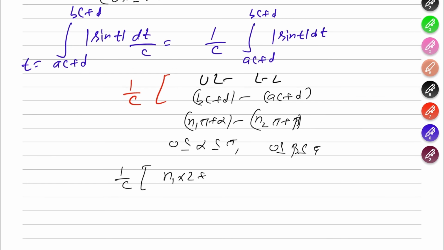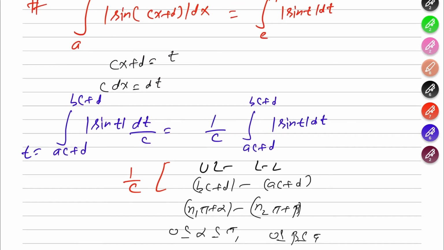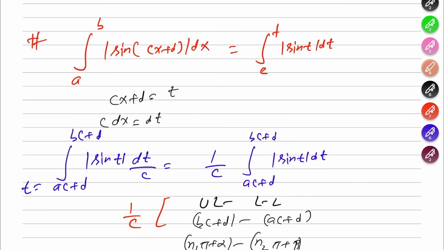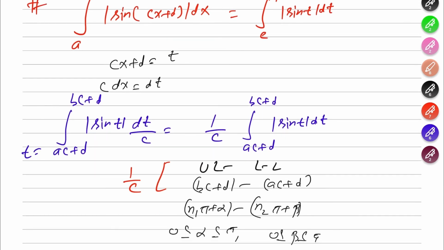That becomes 1 by c times [n1 times 2 plus (1 minus cos alpha) minus (n2 times 2 plus (1 minus cos beta))]. This is how we integrate any general case involving the integral from a to b of modulus of sin of (cx plus d).